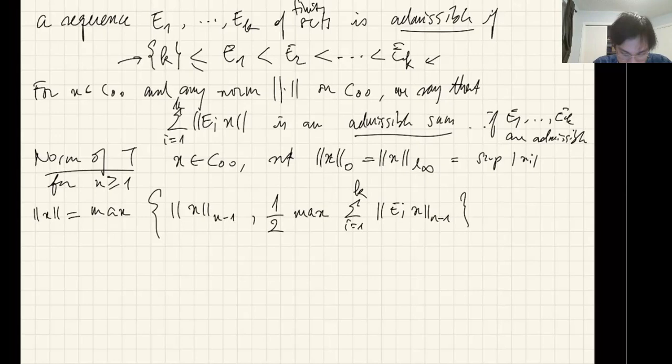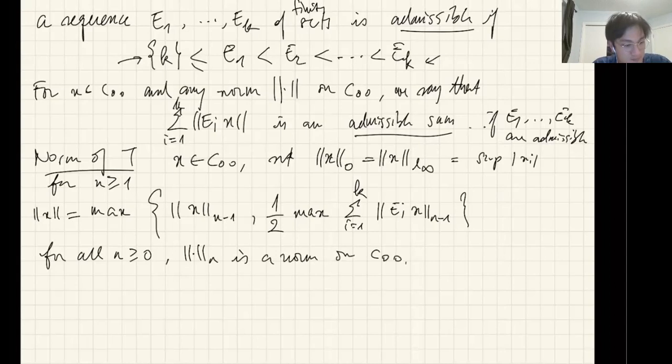Okay, so what are some properties of it? For all n greater than or equal to 0, this is a norm on C00. What else? The nth norm is less than or equal to the L1 norm for all n.